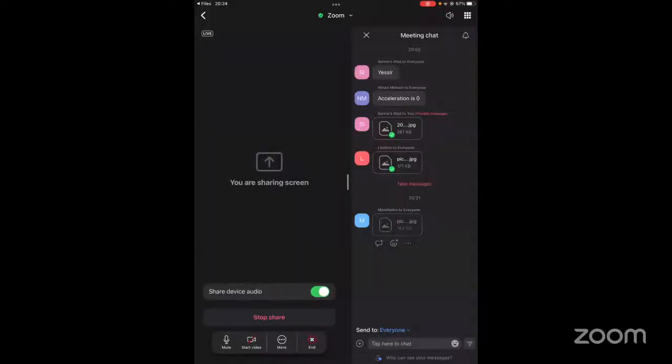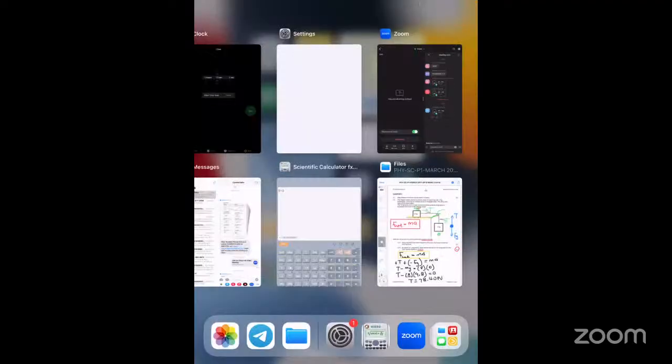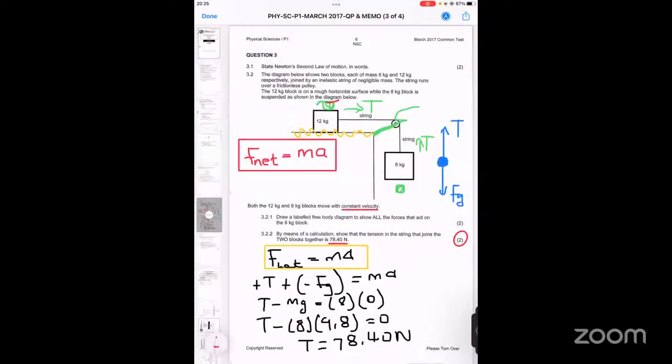Sir, can I ask something, sir? Wouldn't we not be able to use the 12 kg one, because the mass kind of determines the tension, and if we calculate the tension on the 12 kg, it's not the same as the one on the 8 kg?